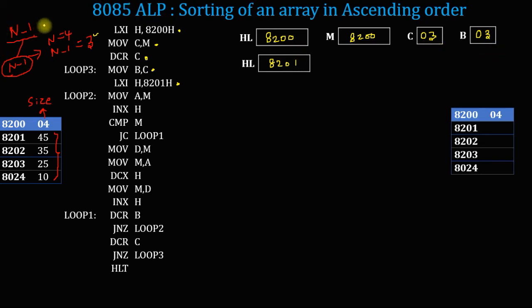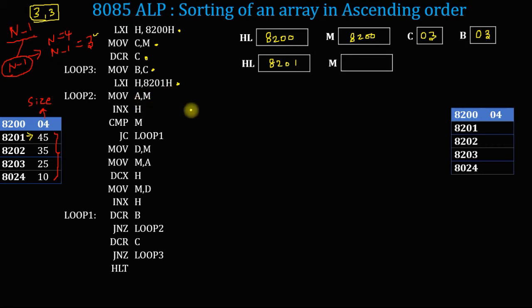So 3 and 3 are the number of iterations and the number of comparisons per iteration. We need to give these at the top of that program itself. Now we are loading the HL register pair with the value 8201 because this is the starting address of our array. So we are loading the value now. Move A, M.